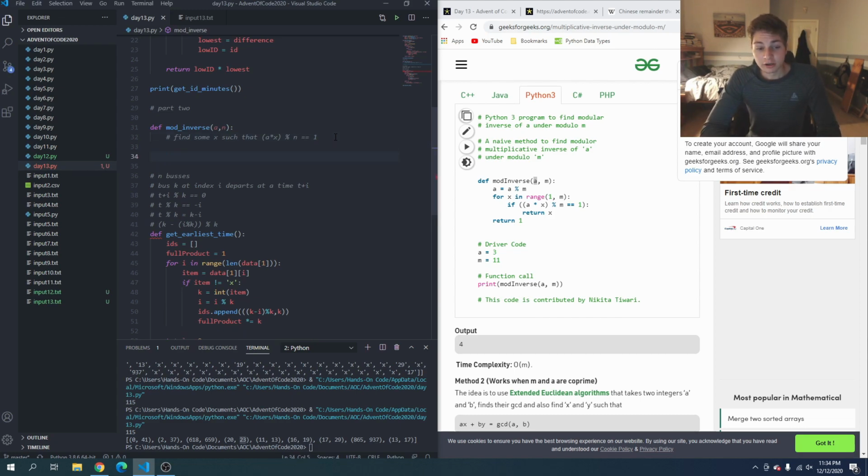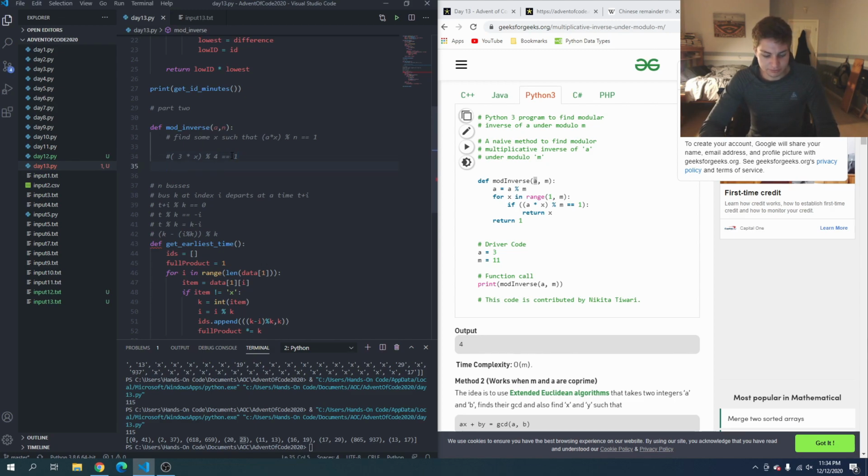So for example, if you have 3 times x modulo 4, we're trying to find some x so that if we multiply 3 and x and mod it by 4, then the answer is 1.